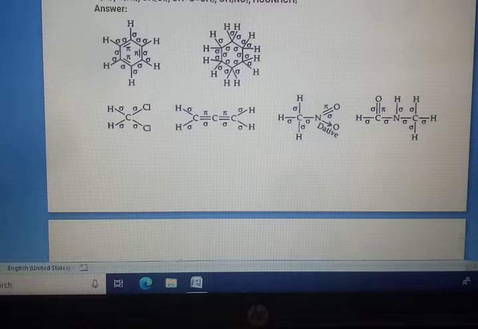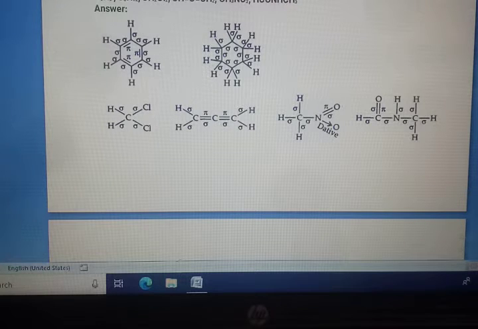If I talk about the carbons, there are total 6 carbon atoms, so there will be 6 sigma bonds between the carbons and 3 pi bonds. And if you talk about the carbon hydrogen sigma bonds, there will be 6 carbon hydrogen sigma bonds.